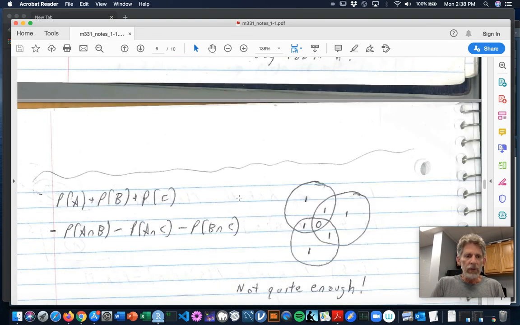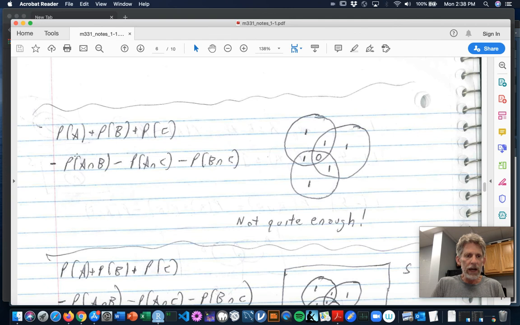Okay, so what would happen if we took away from that sum these 3 things? Say, what happens when we take away A intersect B. So that's this little part right here. It's the A intersect B, this 1 and 0 thing here put together.